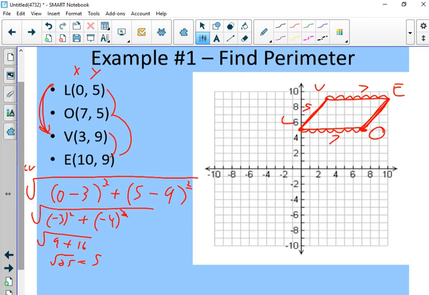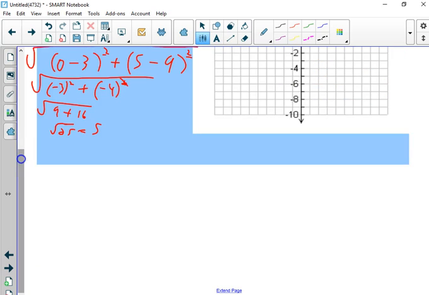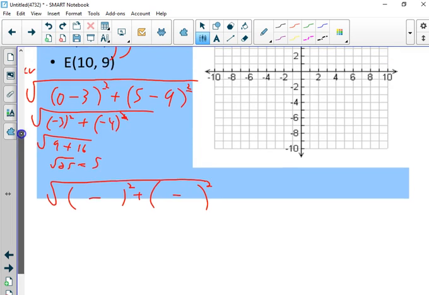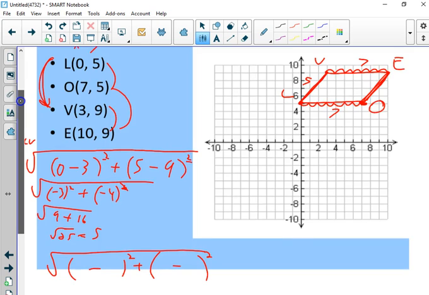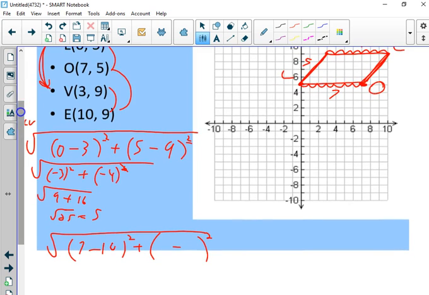Now you may assume that EO is also going to be 5, because it looks like a parallelogram, but we can't just assume that. So let's do the same thing, and put in O and E. So I'm going to go O to E. 7 minus 10 and 5 minus 9.